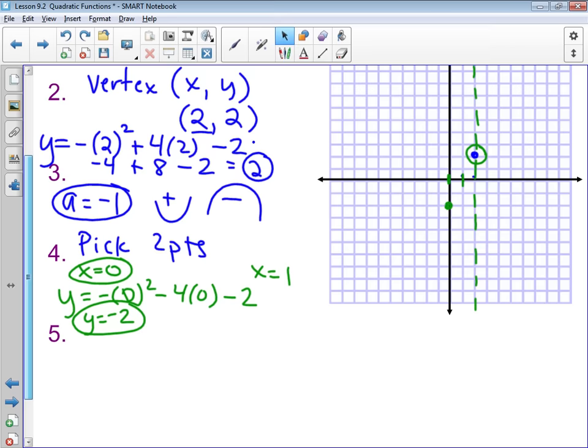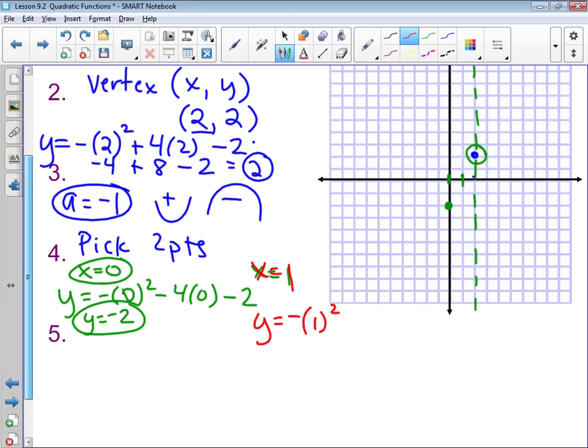Then I'm going to do the same thing with x equals 1. I put 1 in place of x. So I get y equals negative 1 squared plus 4 times 1 minus 2. One squared is 1.